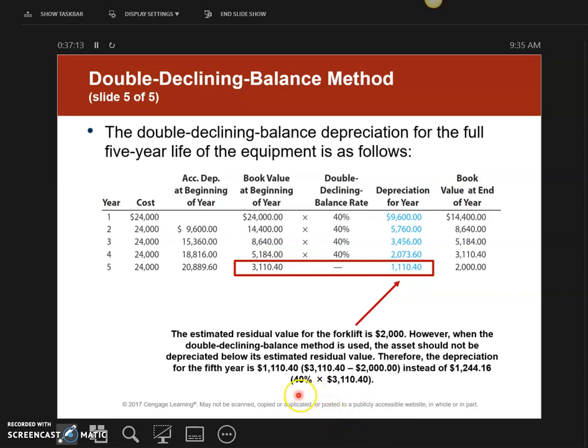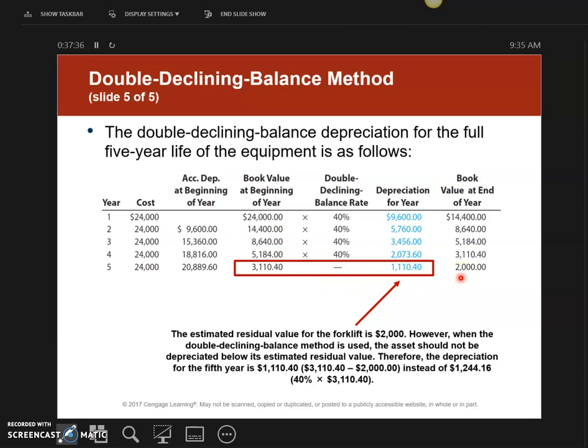If I actually took this number times 40%, I would get $1,244.16. That's 40% times this number. When I did that, then this would drop below, but I cannot do that.